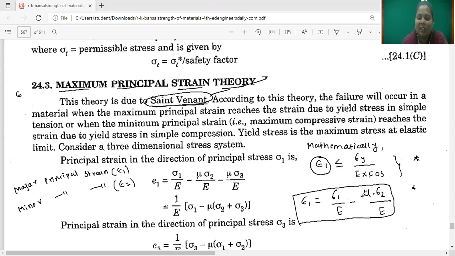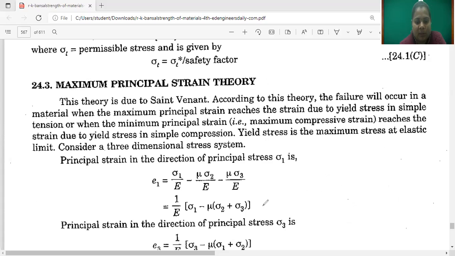And whenever we consider Poisson's effect, epsilon 1 equals sigma 1 upon E minus mu into sigma 2 upon E. Now we will draw the failure envelope for this particular theory. Okay. Simultaneously you can also draw.